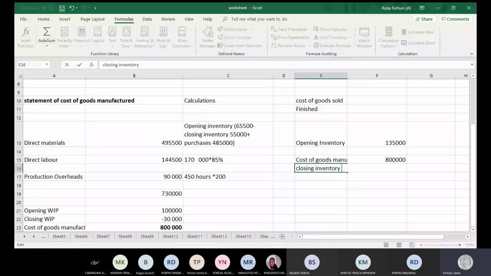Okay, so my closing inventory. What would my closing inventory be?